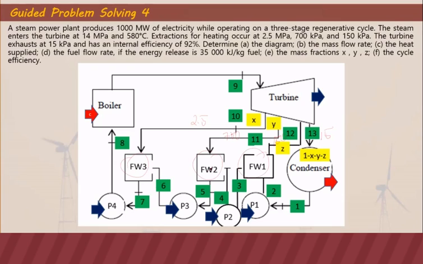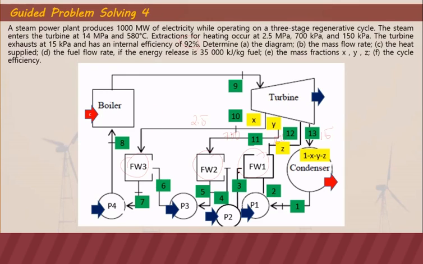So feed water heater 1, feed water heater 2, and feed water heater 3. And then our turbine has an internal efficiency of 92%, which means its isentropic efficiency is 92%. So we are dealing here with an actual regenerative Rankine cycle with isentropic efficiency for the turbine given.